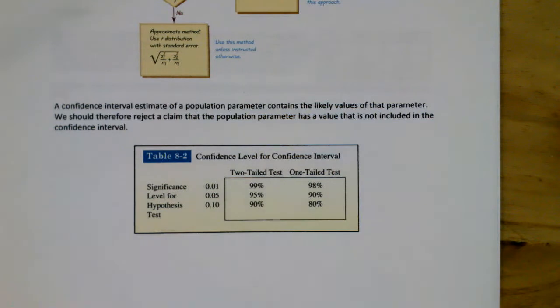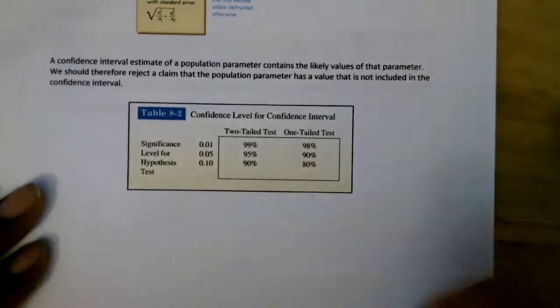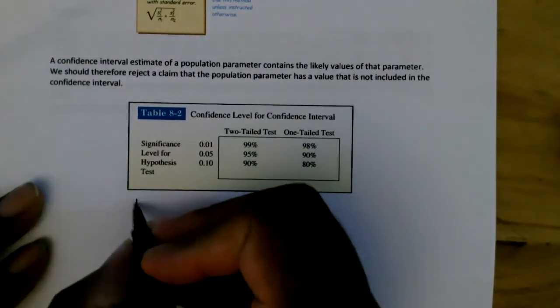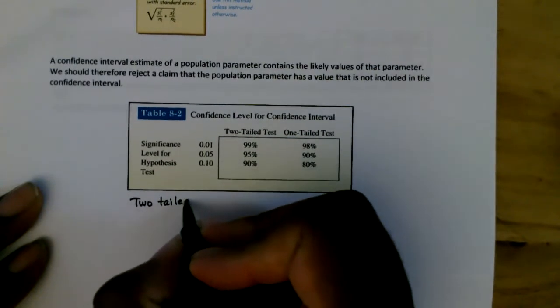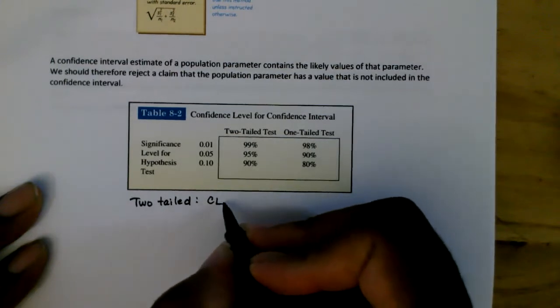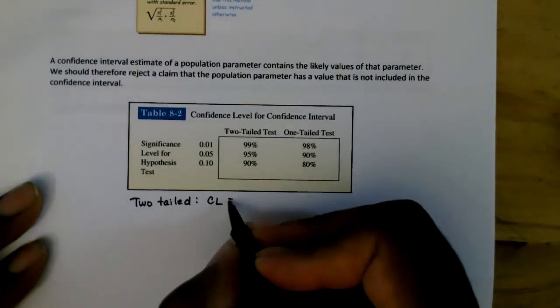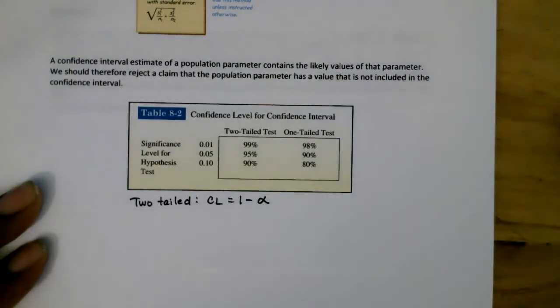So here's the table again for the confidence level for a confidence interval, okay? But keep in mind, I did mention to you this. If you have a two-tailed test, that means your confidence level, which I'm abbreviating CL, is going to be 1 minus whatever your level of significance is, 1 minus alpha.